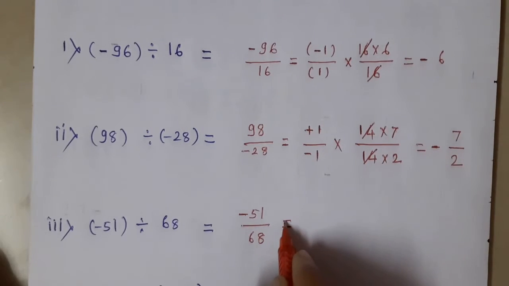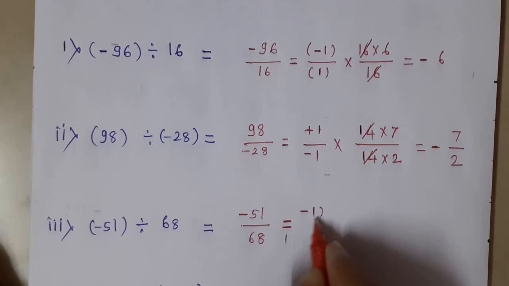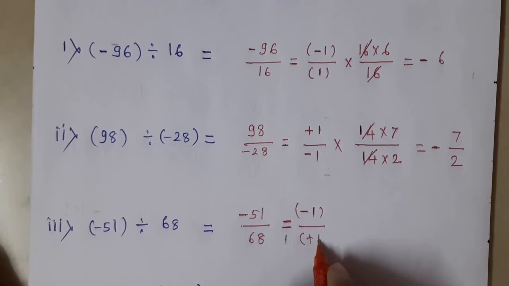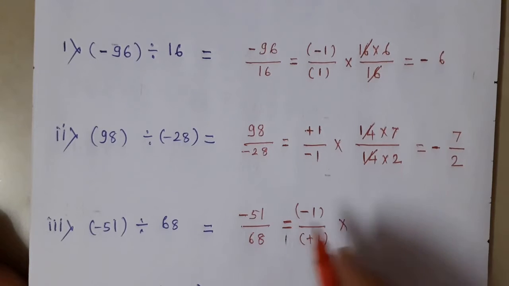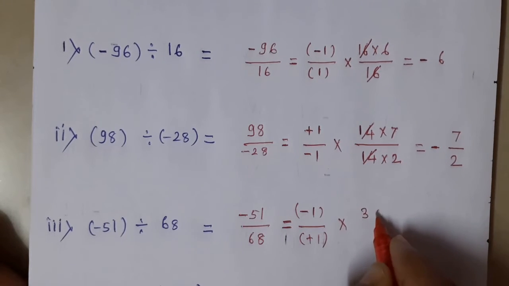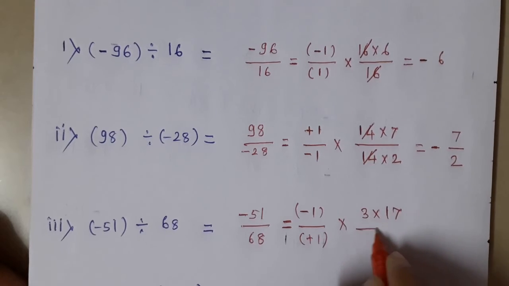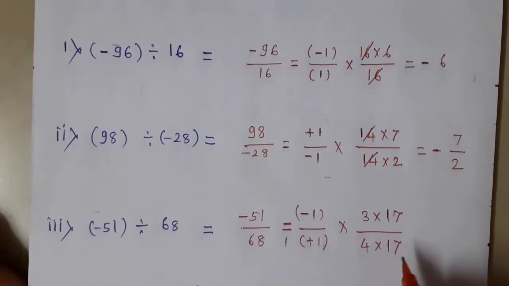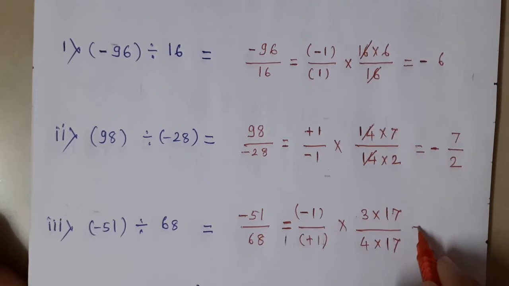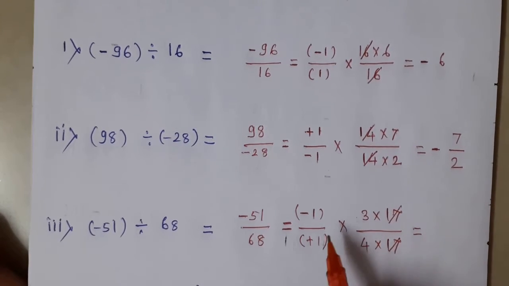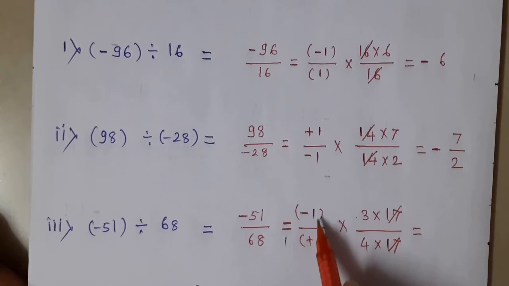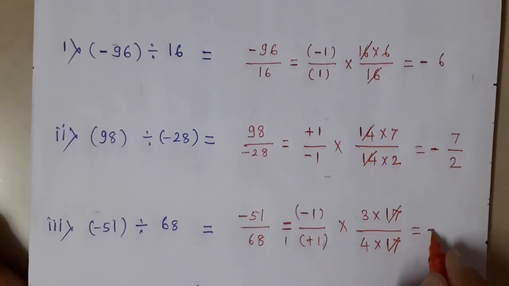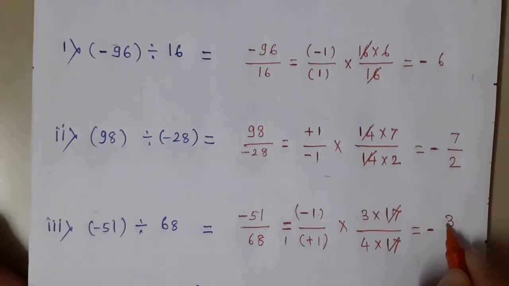This is minus 1 divided by plus 1, multiplied by 3 times 17 over 4 times 17. 17 threes are 51 and 17 fours are 68, so 17 is common. Dividing a negative integer by a positive integer, the result is always negative. So the answer is minus 3 by 4.